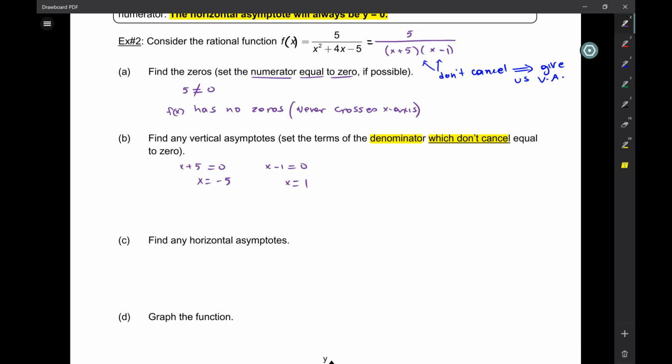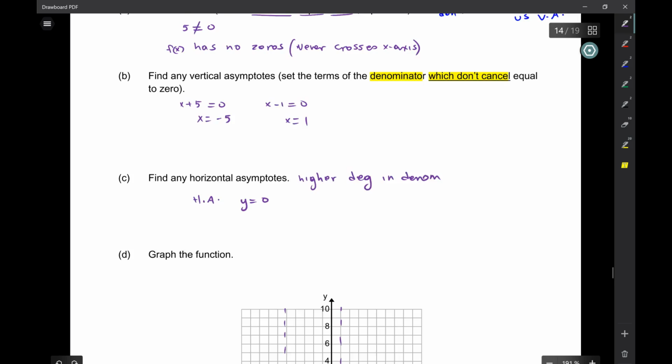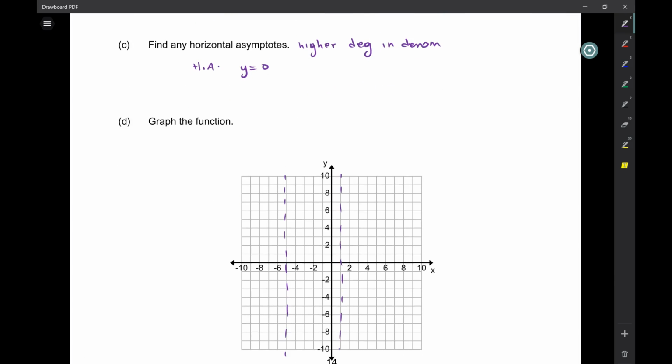Okay, horizontal asymptotes. What do you think? The degree in the numerator is lower, the degree in the denominator is higher, so the horizontal asymptote is just y equals 0. So, higher degree in the denominator.